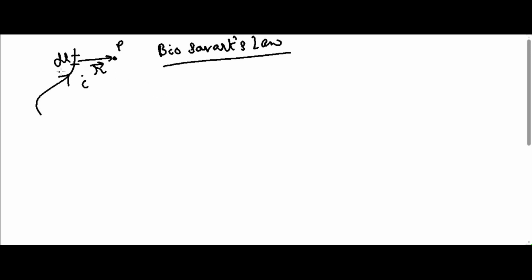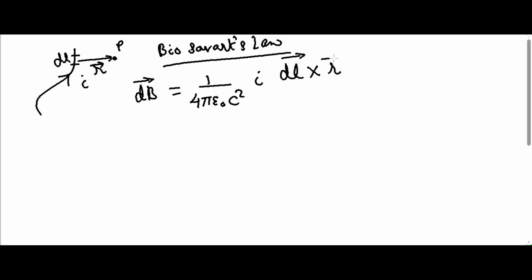Because I am taking a small wire dl, the small magnetic field dB produced will be equal to, as per Biot-Savart's law, 1 by 4 pi epsilon naught c squared, where c is the speed of light and epsilon naught is the standard epsilon naught from electrostatics, times I, dl vector cross r vector by r cube. It is directly proportional to I dl.